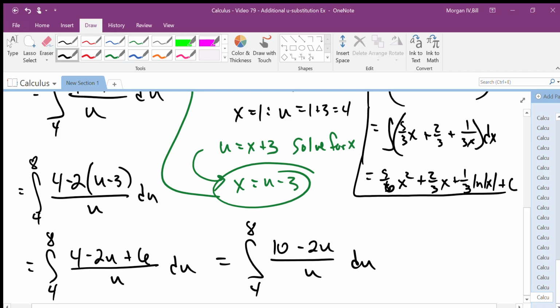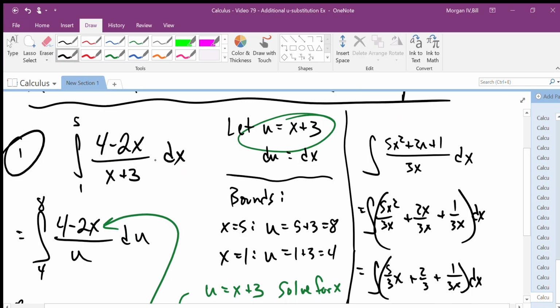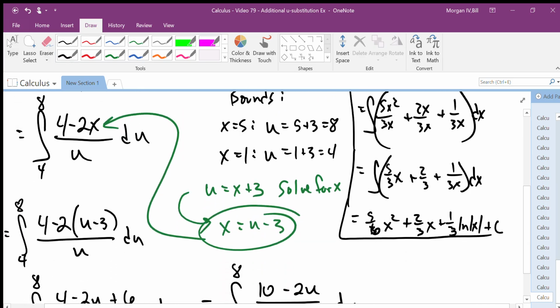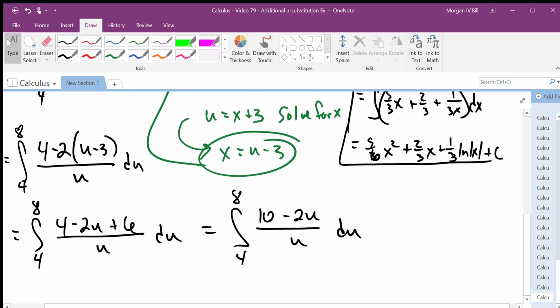And you might be thinking that doesn't look any less complicated than the first one. But it is. And the reason it is because instead of having a denominator of x plus 3, I have a denominator of u. That's a monomial. That allows us to separate this. So this is the integral from 4 to 8 of 10 over u minus 2u over u du.